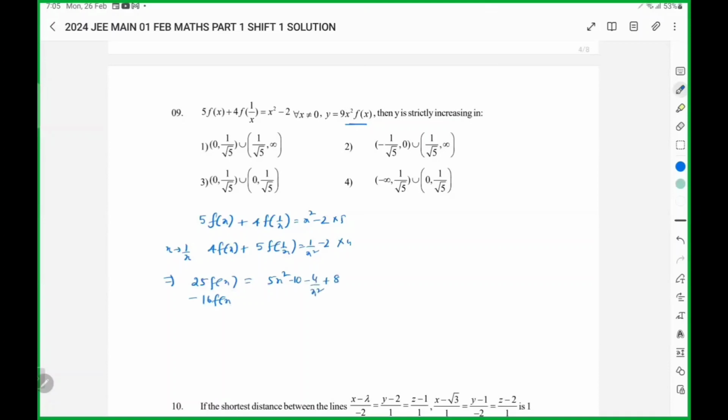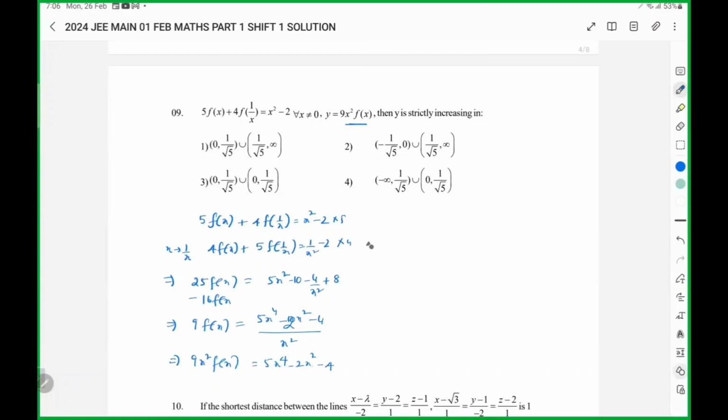Plus 8. 9 f(x) is equal to 5x power 4 minus 10x square minus 10 minus 2x square. So 9x square f(x) is 5x power 4 minus 2x square minus.